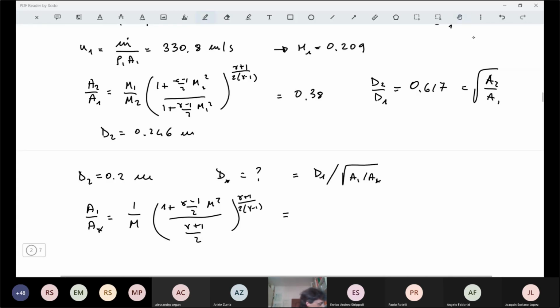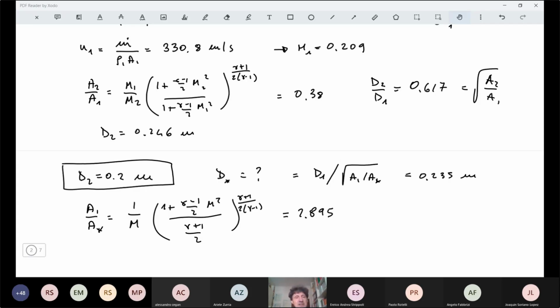And this ratio is 2.895. As a consequence, we have that our D star will be 0.235 meters, telling that our given diameter is not allowed with that inlet Mach number.